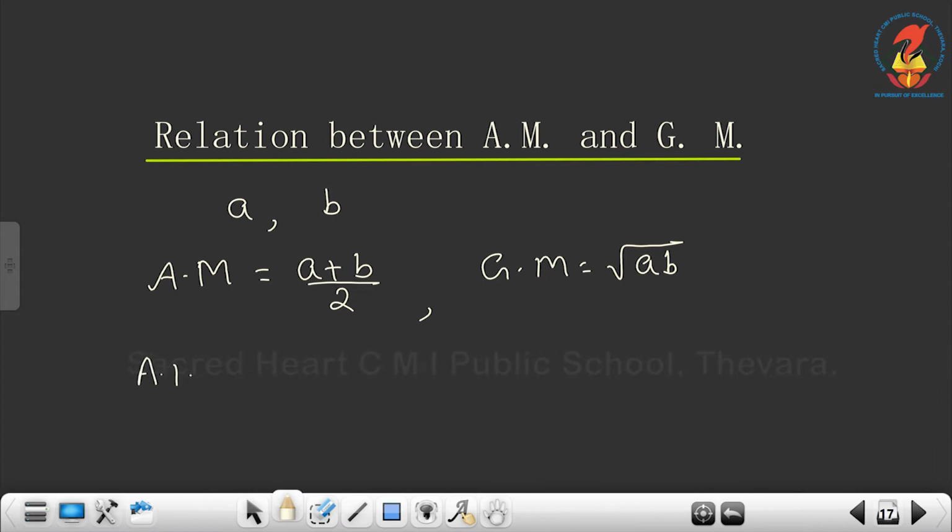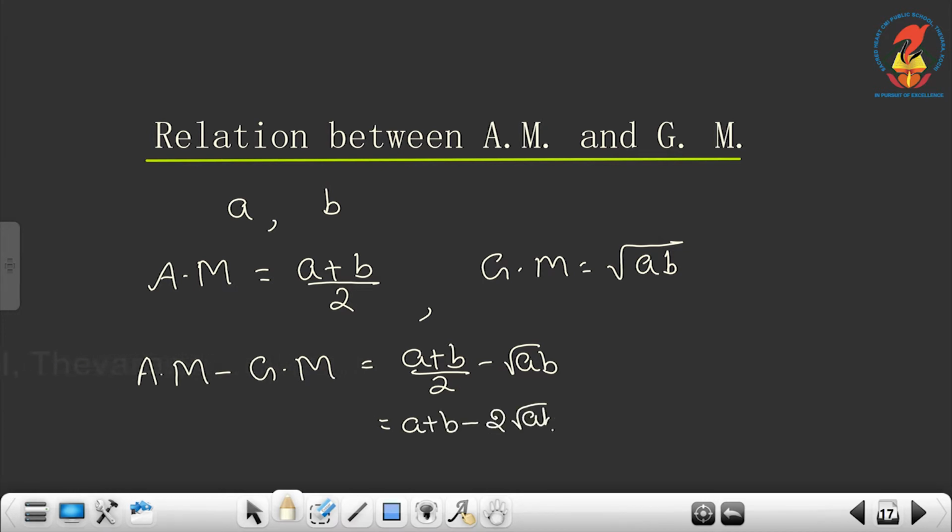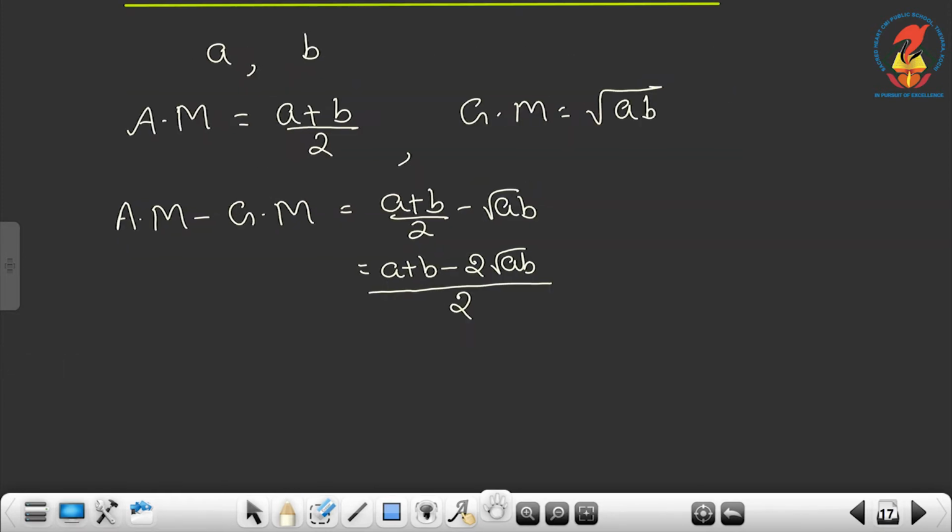Now what is the relation between AM and GM? Just find AM minus GM. That is a plus b by 2 minus root ab, which is the same as a plus b minus 2 root ab, the whole divided by 2. The numerator we can write as a perfect square: root a minus root b whole square, since root a square is a, root b square is b, and minus 2 root a root b.